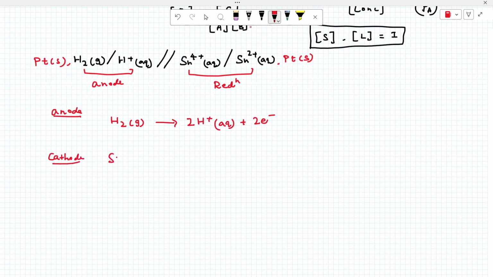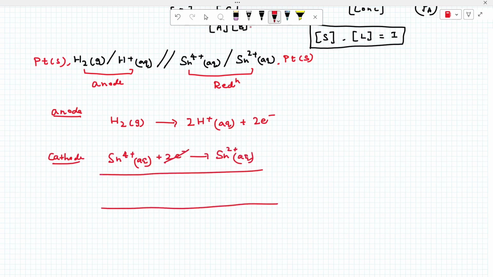Sn4 plus aqueous gains 2 electrons to become Sn2 plus aqueous. Now, what is the overall cell reaction? The protons cancel out. The cell reaction is H2 gas plus Sn4 plus aqueous gives 2H plus aqueous plus Sn2 plus aqueous.